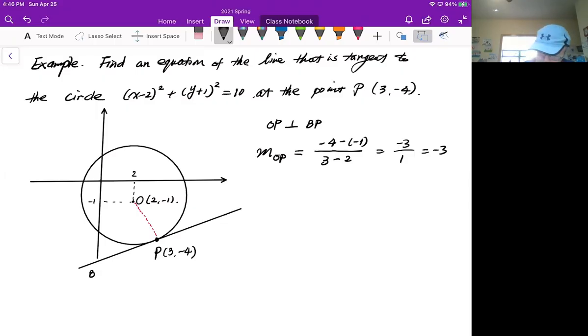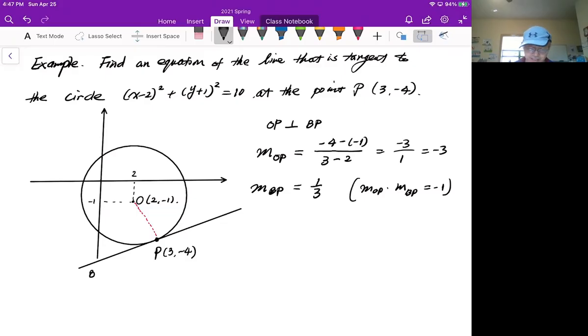What's the slope of BP? The product of the two slopes is negative 1. So if one slope is negative 3, the other one is 1 over 3, because the product of the two is equal to negative 1.